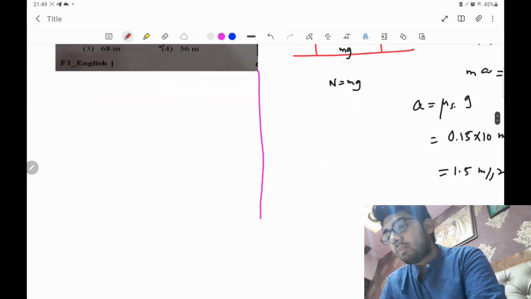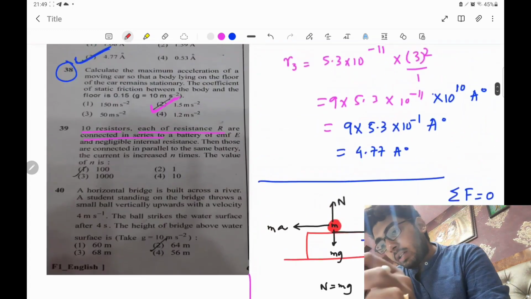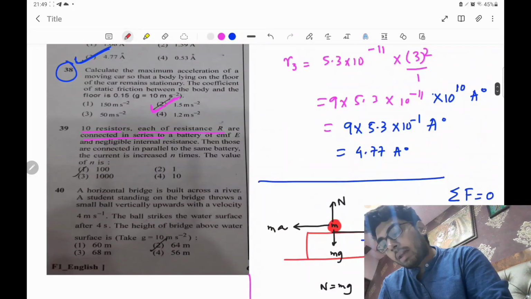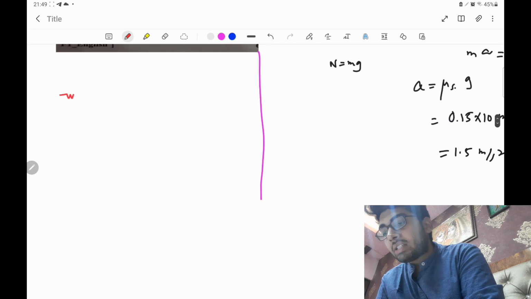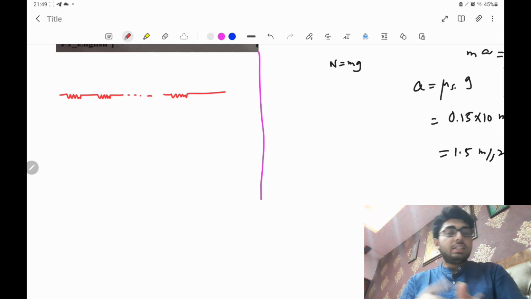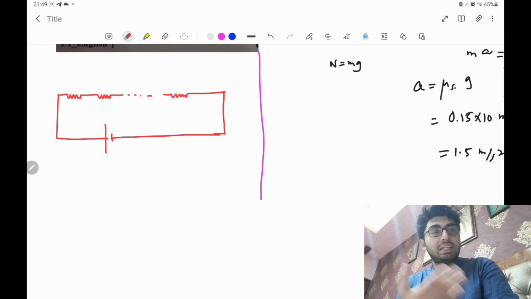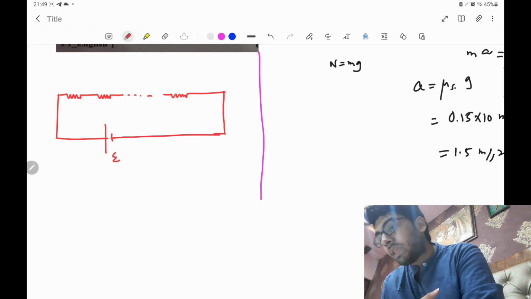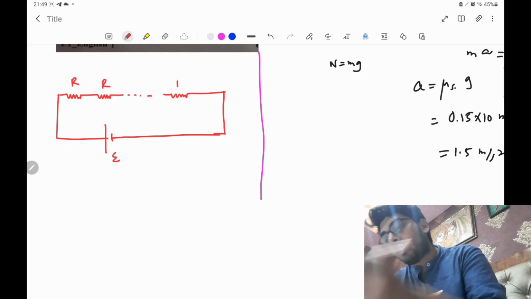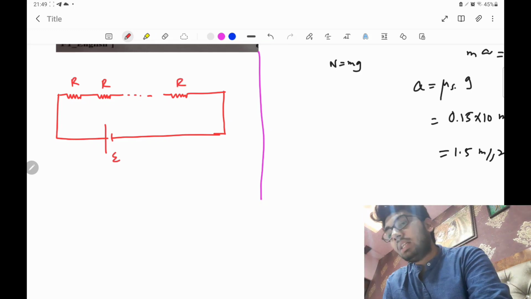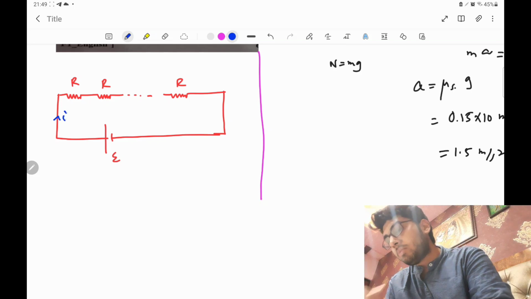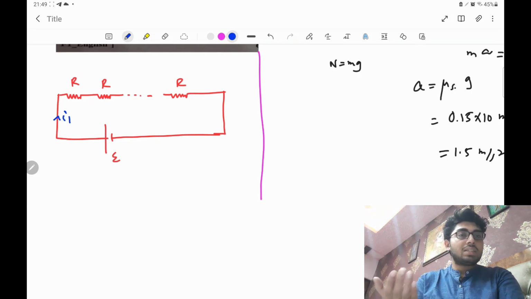What you have done, you have taken 10 resistors along with a battery. So there are 10 resistors connected in series, and they are further connected with a battery having negligible internal resistance and EMF E, and they all have a resistance of R. So in that condition, suppose the current flowing in the circuit is I1.